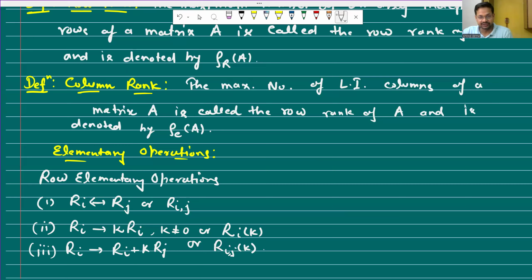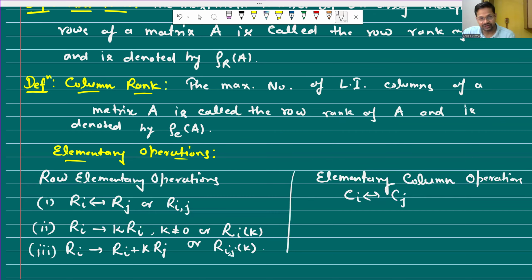Similarly, we have elementary column operations. Similarly, we interchange the ith column with the jth one. The fourth is the ith column replaced with k times the ith column, where k is any non-zero number.